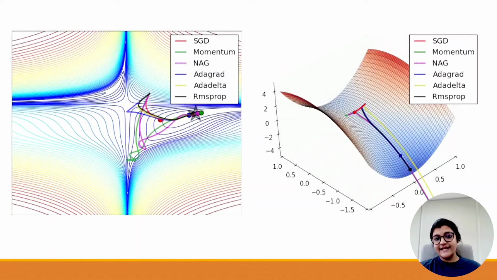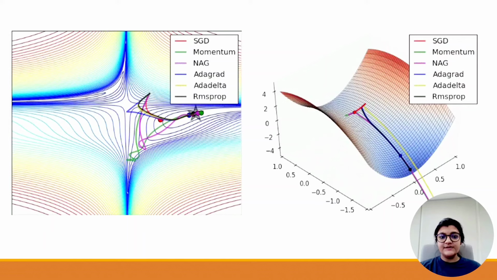Now, on the right side is the visualization of a saddle point in the optimization landscape, where the curvature along different dimensions has different signs: one dimension curves up and the other curves down. If you see, SGD has a very hard time breaking symmetry, and it gets stuck on the top.